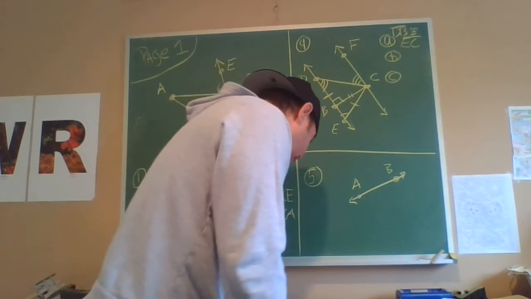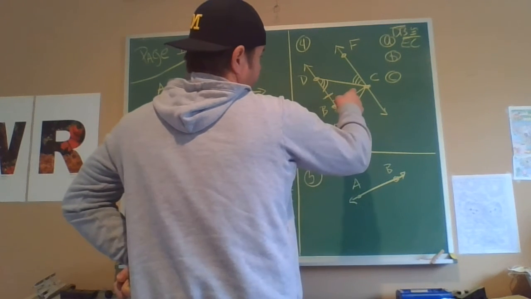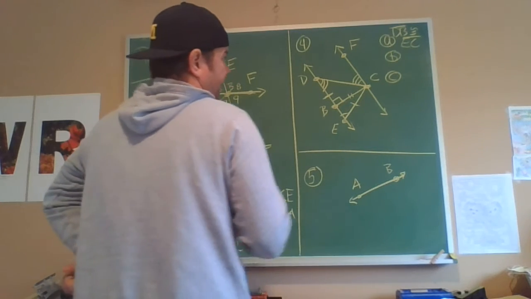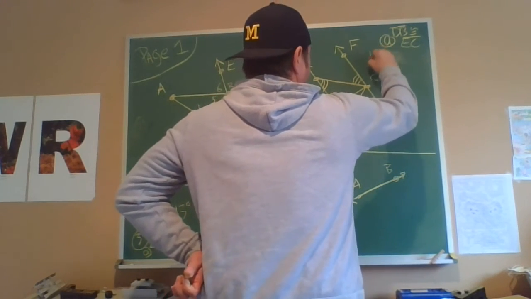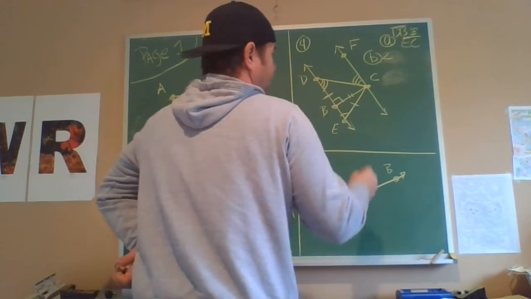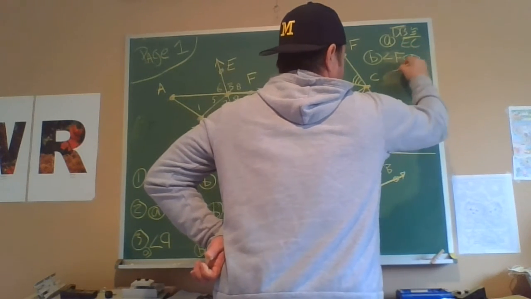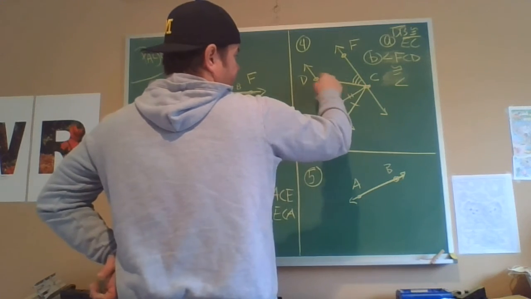Okay, part B, what angles are marked congruent? Well, I've got these 2 angles right here that have the same number of congruence marks, so that's it. That would be angle FCD is congruent to angle, what's this one down here, CDB.